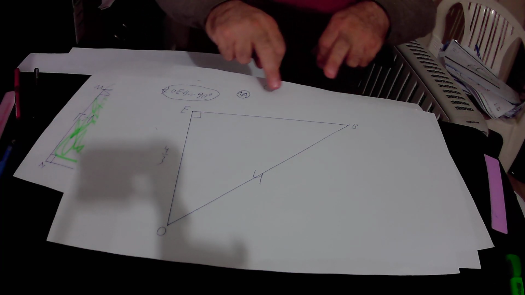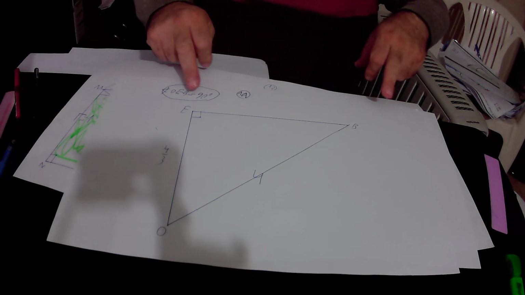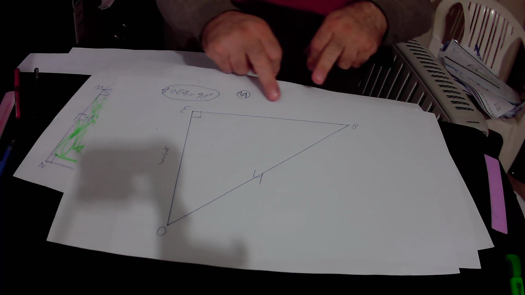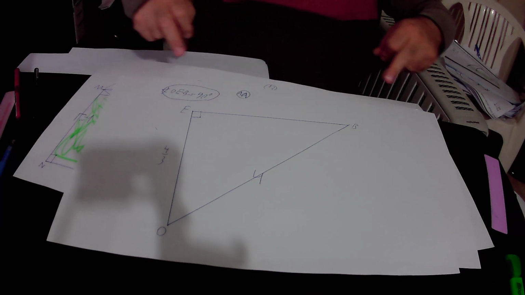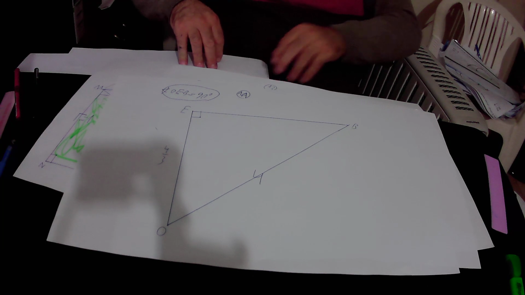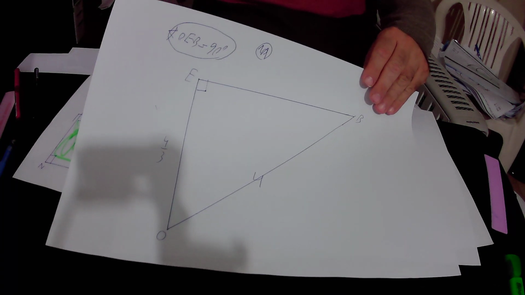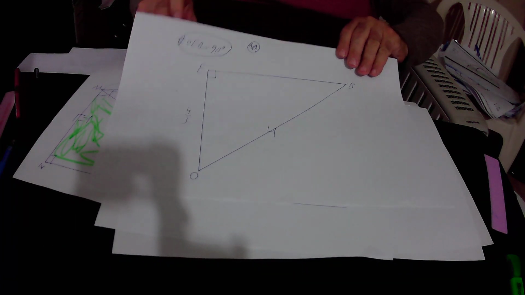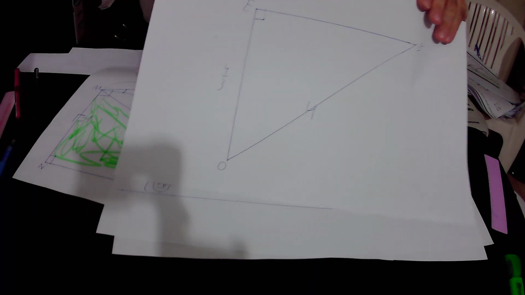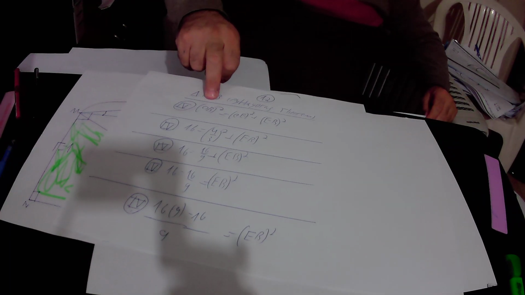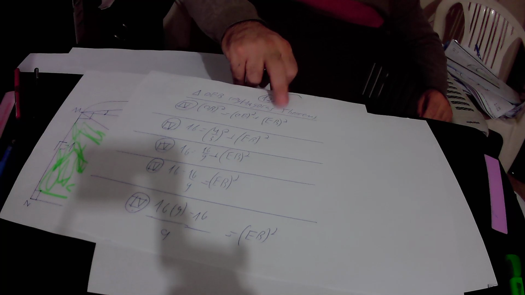The only thing left to find is the value of side EB. So according to the Pythagoras theorem, the square of the hypotenuse equals the sum of the squares of the perpendiculars in the right triangle OEB. That is to say, OB square equals OE square plus EB square.